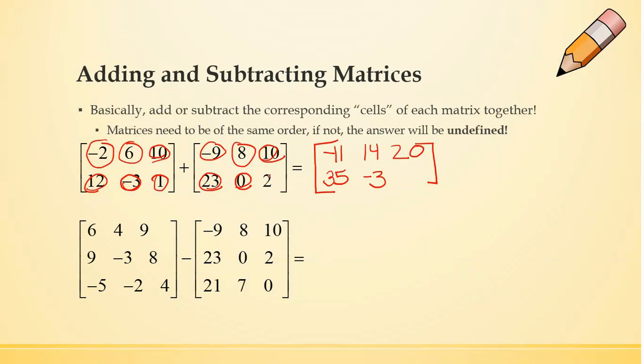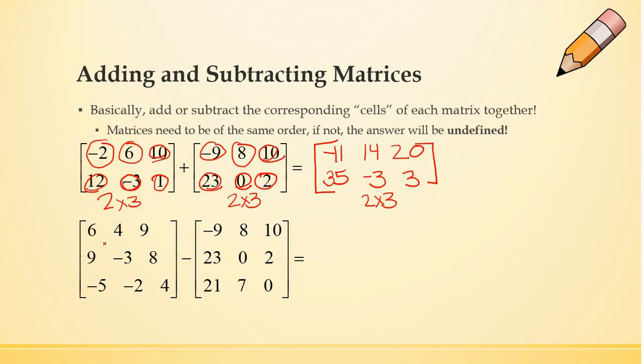And 1 plus 2 is 3. So I had started with 2 by 3 matrices. Notice how they're the same order, and I ended up with a 2 by 3.